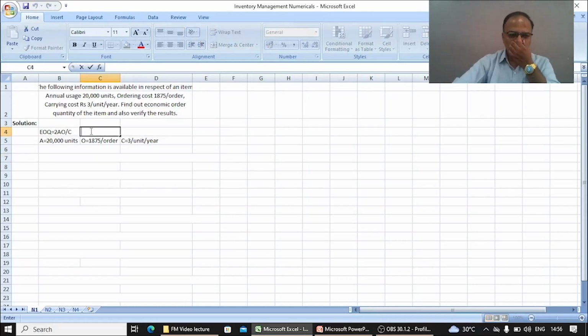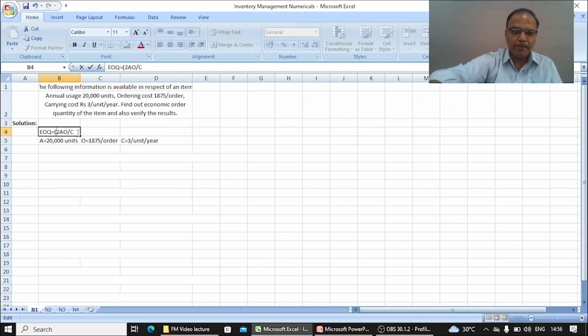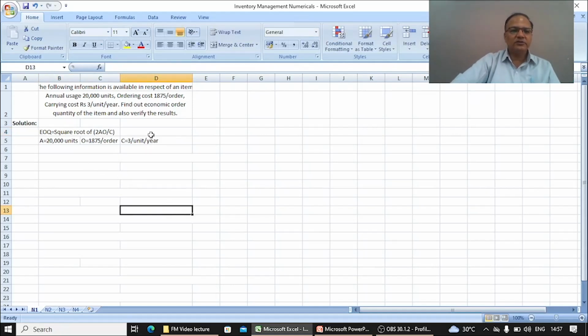Now, simply put the value of A, O and C and you have to take the square root. The formula is 2AO upon C. Now simply put the value.